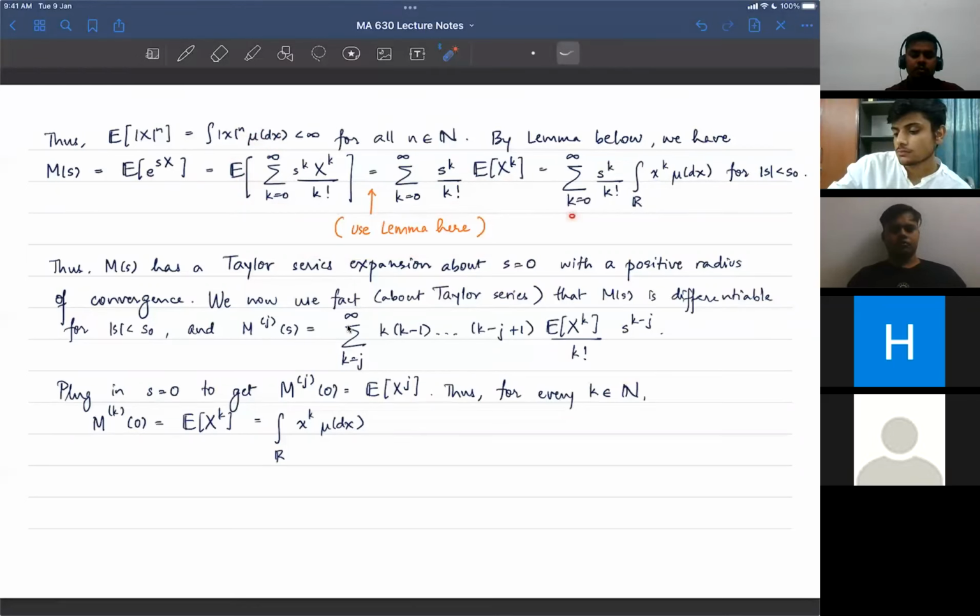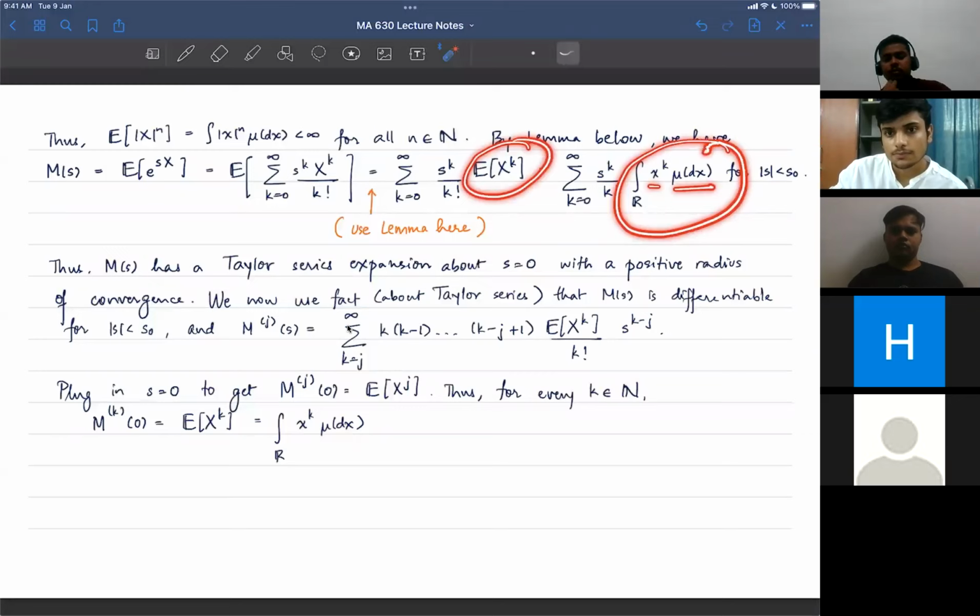Why are these two guys the same? I've asked you a version of this question earlier today. Exactly, we put h equal to x raised to k.